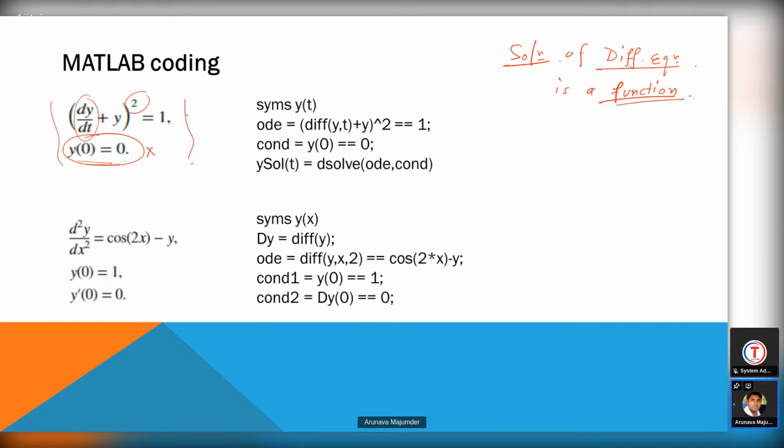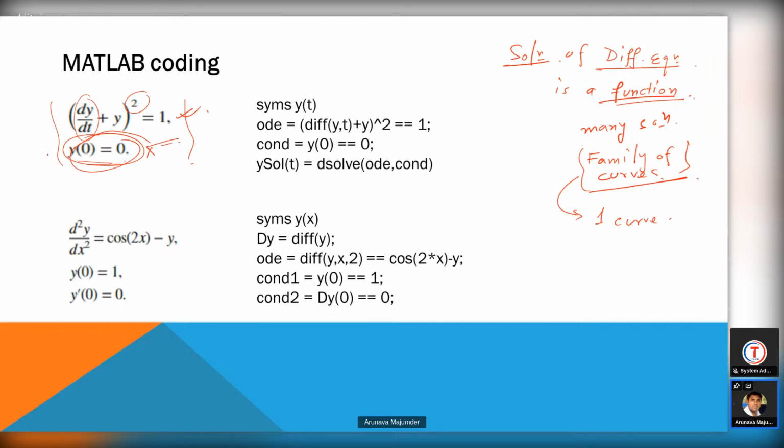If no condition is given and only the differential equation is given, you get many solutions or many functions, which is called a family of curves. So a general differential equation solution without any condition gives you a family of curves. If any condition is given, then this family of curves becomes a particular solution and gives you one curve only.